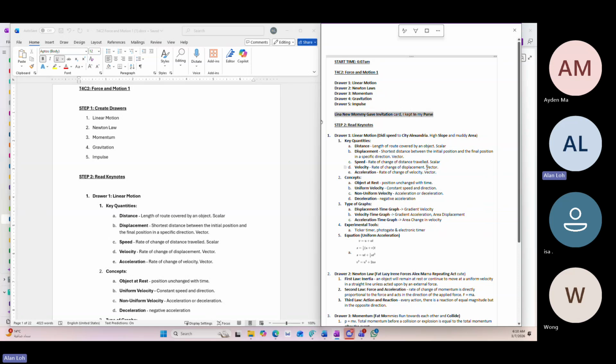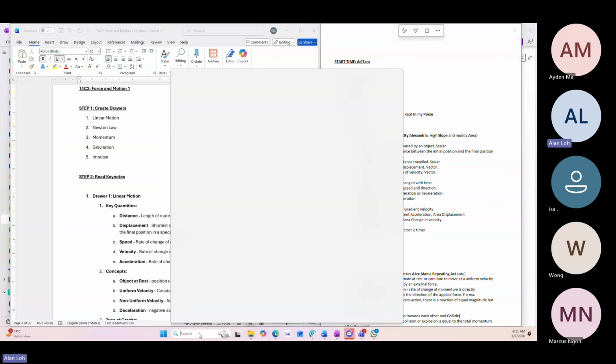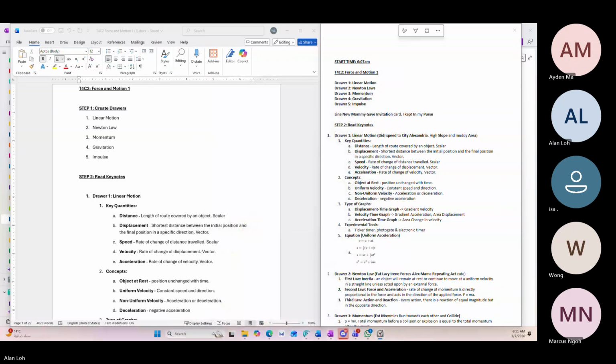So write down this very short sentence, which is a story for us to remember these 5 drawers. Lina, new mommy, gave invitation card. I kept in my purse. Right. So I'll give you 20 seconds to write this down. Write it down on a paper. And paper needs to be in front of you all the time in these 2.5 hours.